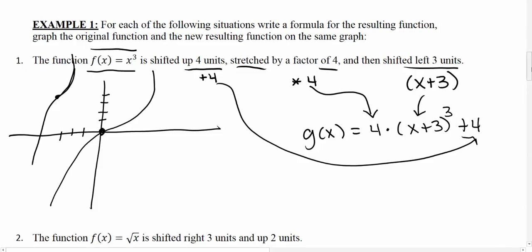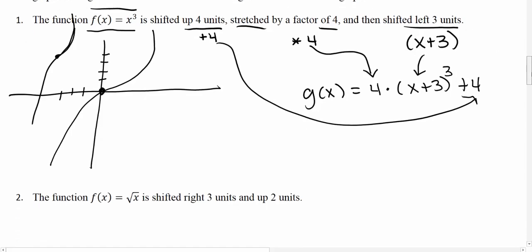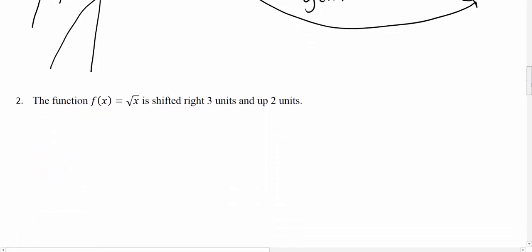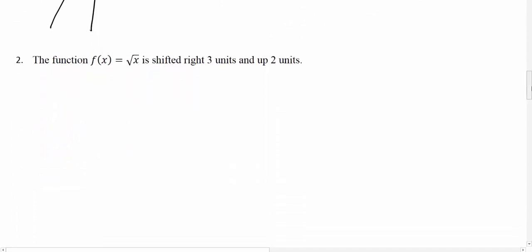For the second one in this group, we're starting with the function f of x equals the square root of x. That's our original function. We want to shift it right 3 units. So that means inside the argument, we need an x minus 3, and up 2 units, so a plus 2.